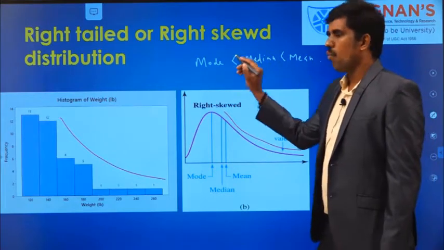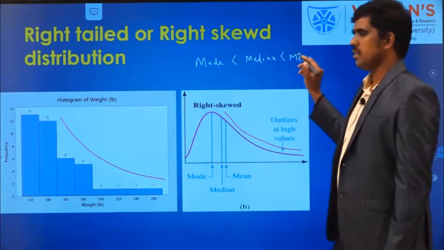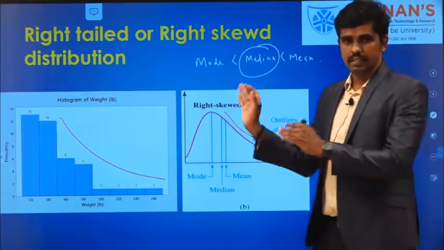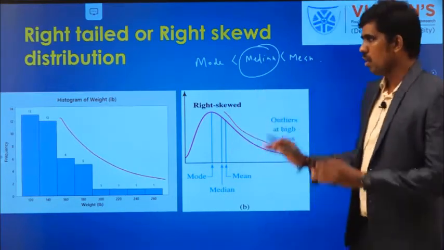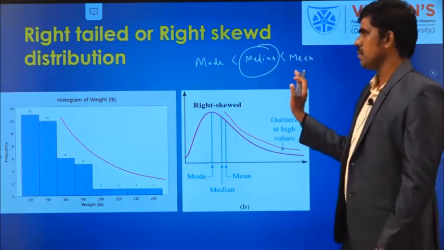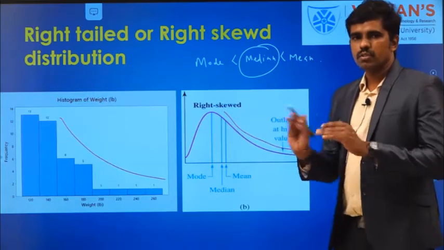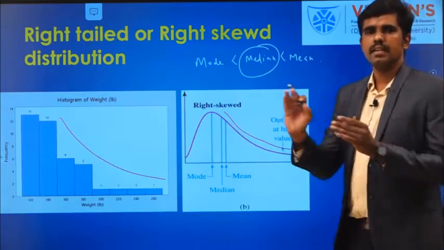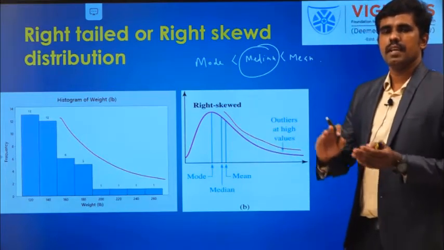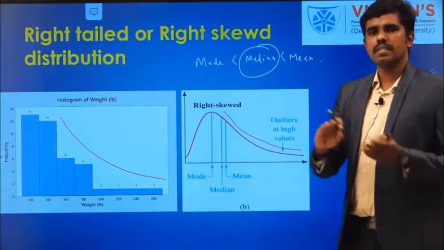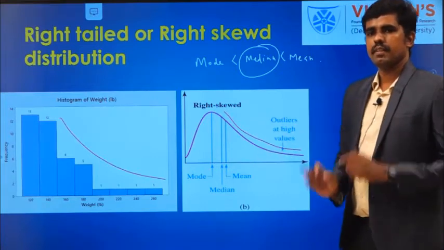Here we get mode less than median less than mean. Median is always going to be the middle value in this relationship, so no doubt on that. So we check whether mean is less than mode or mode is less than mean. If mean is less than mode, it is left skewed. If mode is less than mean, then it is right skewed.